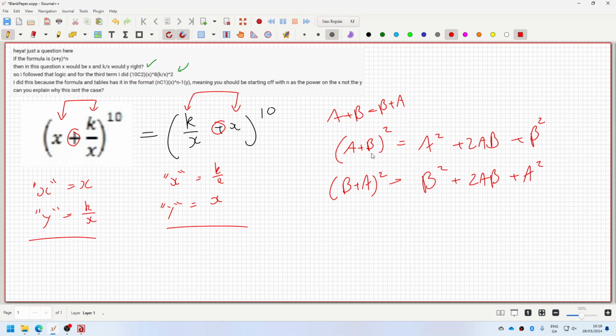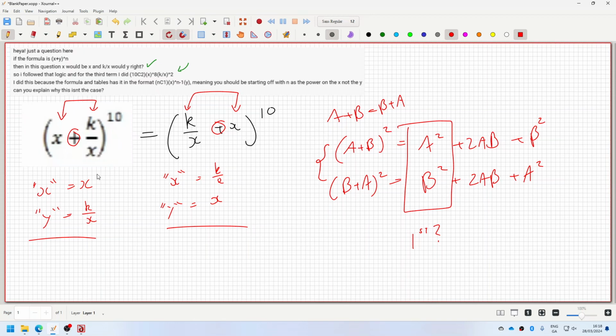So you can see that this kind of reflects the problem we're having, that you're legitimately allowed to make the substitution either way, which means that the terms either go in one direction or the other. So it's a bit unclear if you call this the first term, like which is the first term, a squared or b squared.